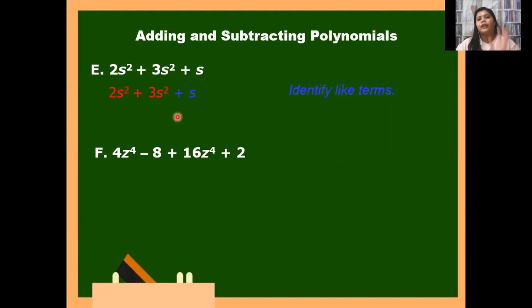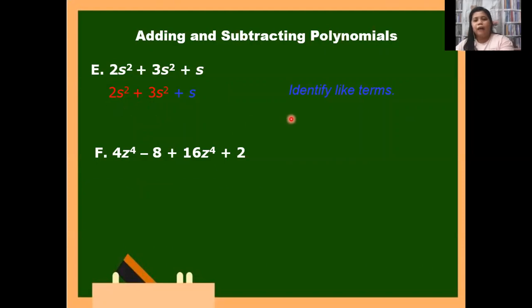So, I use another color to distinguish that it is different from the others. So, after identifying like terms, again, we rearrange. But in this case, we do not need to rearrange it because like terms are already together.